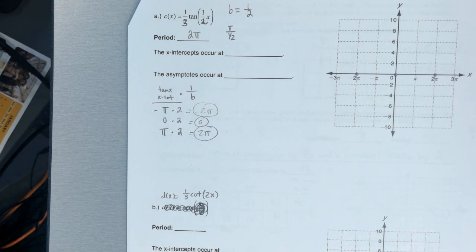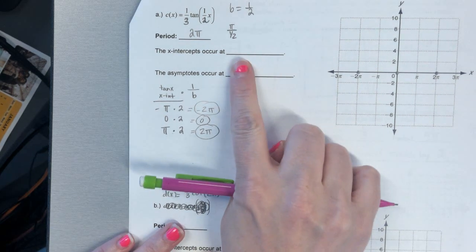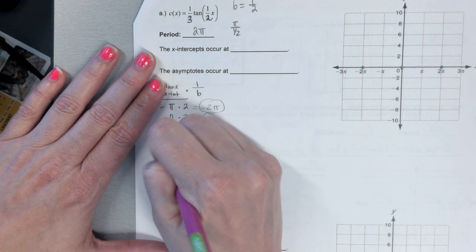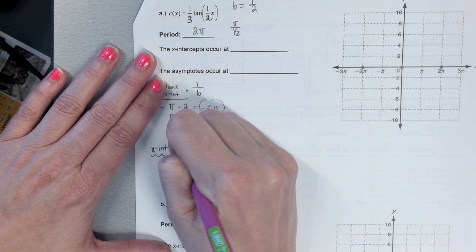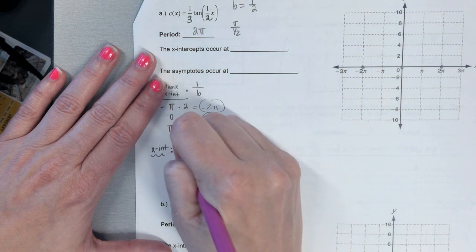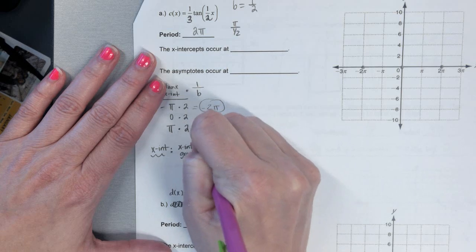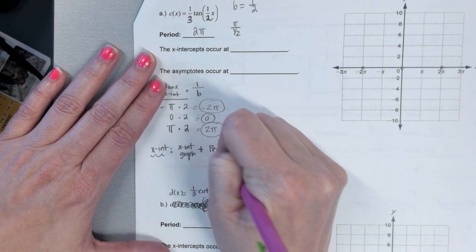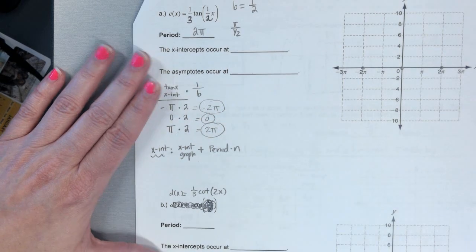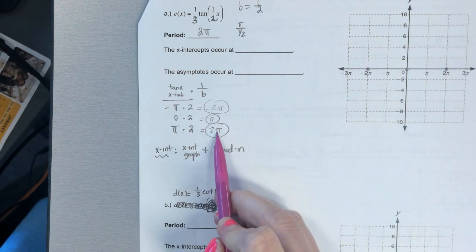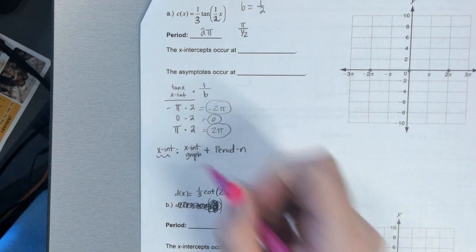Then to do the x-intercept equation, it is simply this format. You pick any x-intercept from the graph, and you add that to the period times n. So based on my x-intercepts, I can pick any one of these. I'm going to pick 0.